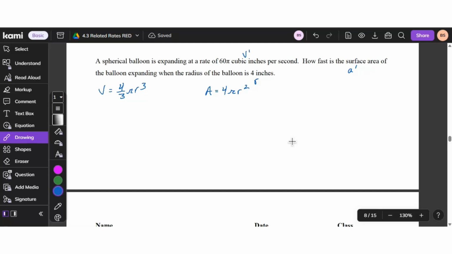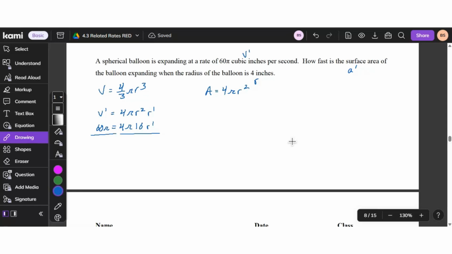So here we're going to take the derivative and get v prime is equal to, the 3 comes down and cancels with the third, so it's just 4 pi r squared r prime. And then we know that v prime is 60 pi. And we know here that our radius is 4. So that's 16 when we square it, r prime. And then, of course, we're going to divide both sides.